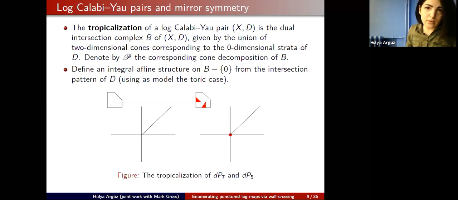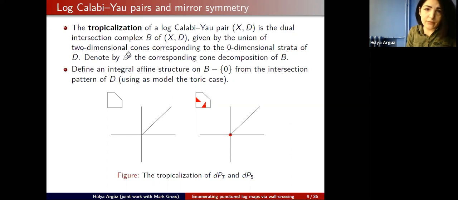If you tropicalize a log Calabi-Yau pair, what you obtain is just the dual intersection complex of it, which is described purely from the intersection data of your divisor D fixed in X. We will denote the tropicalization by B. It admits a natural polyhedral decomposition P. For instance, if your pair is a toric variety, B will be the support of the toric fan, and P will be the natural stratification on the toric fan. And we define an integral structure on this tropicalization away from the zero strata.